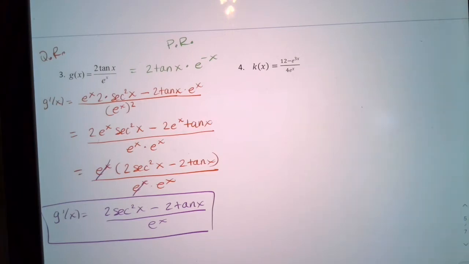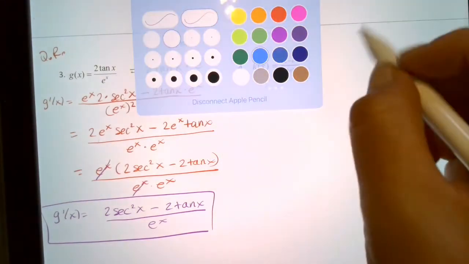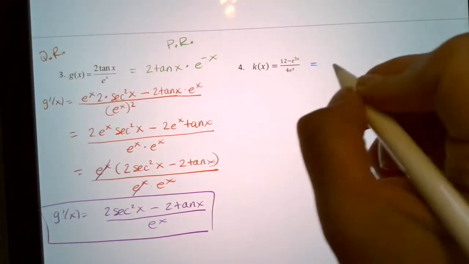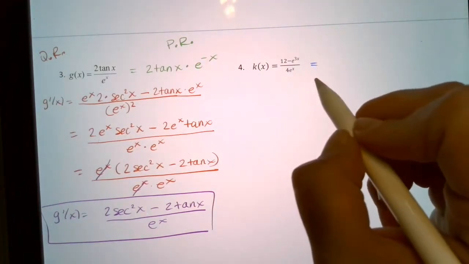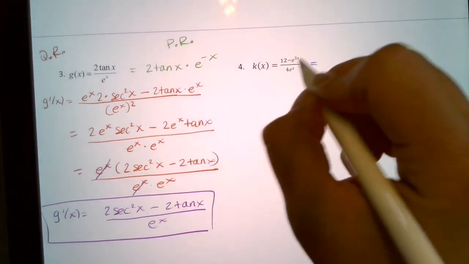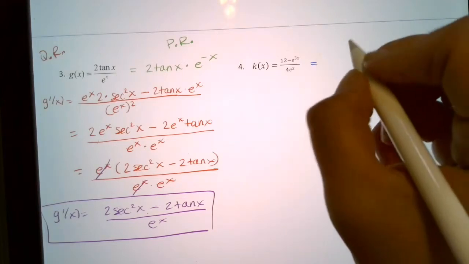You can break this down if you want. Let's just play around with this a little bit. Let me go back to blue, since I'm not going to be changing the equation. I'm just going to change the way that it looks. There's nothing saying you can't deconstruct this from its common denominator. So I have a binomial in the numerator and this 4e to the x in the denominator.